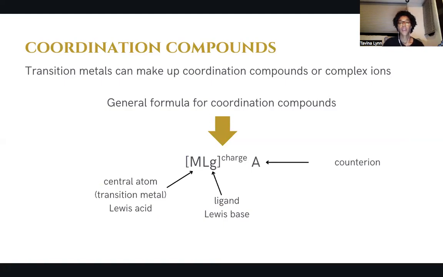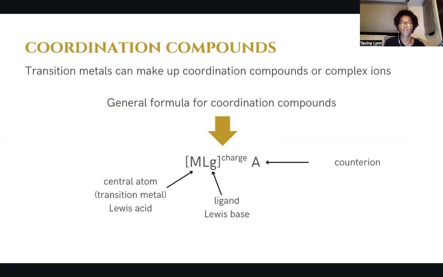So the counter ion, which is not always present, it depends, right? The counter ion is, if you think about it intuitively, countering the charge on the coordination complex. So it balances out this charge.